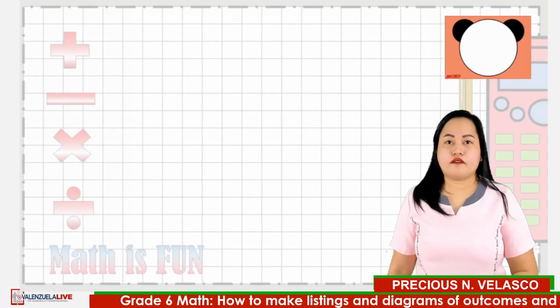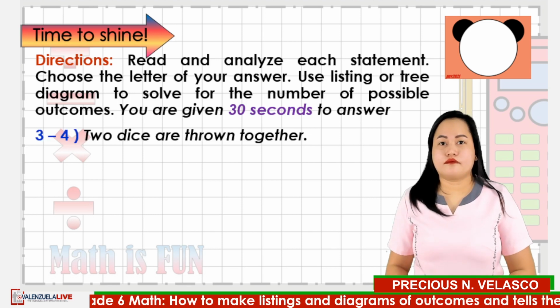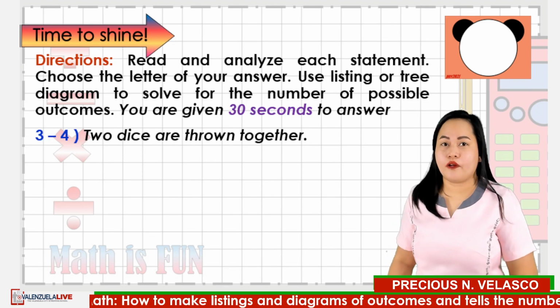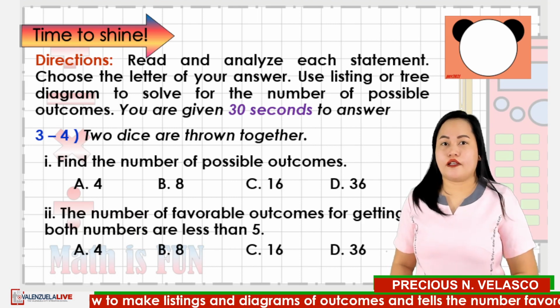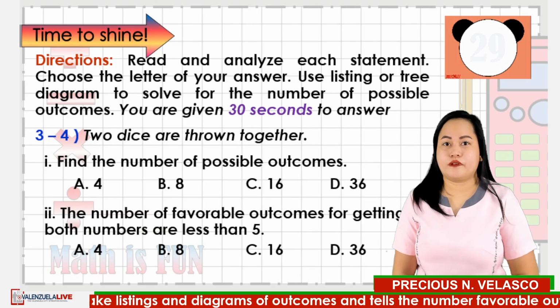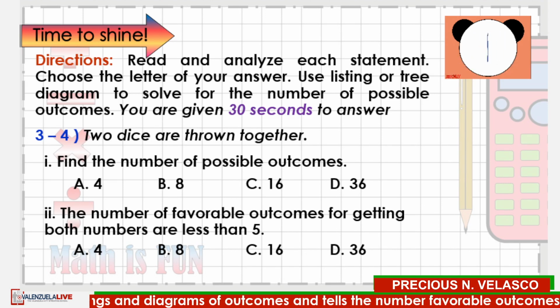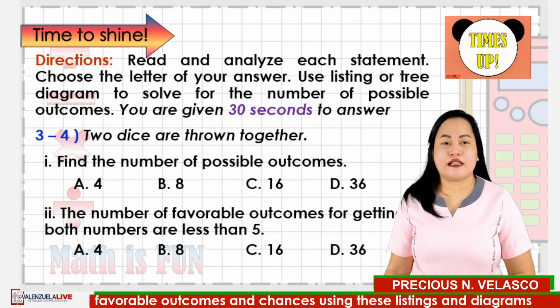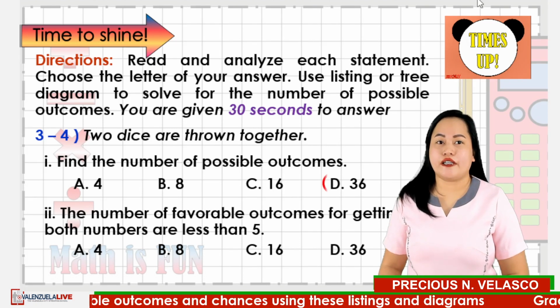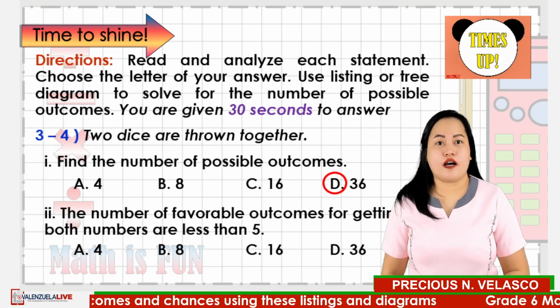Next, another 30 seconds for numbers 3 and 4. And your 30 seconds starts now. Okay, so let's reveal the answers. If your answer is letter D, then you are correct.